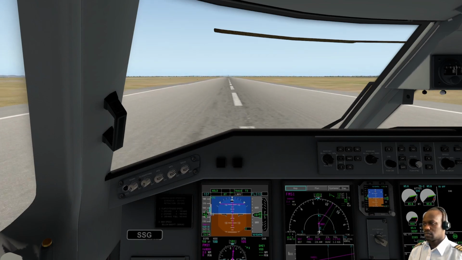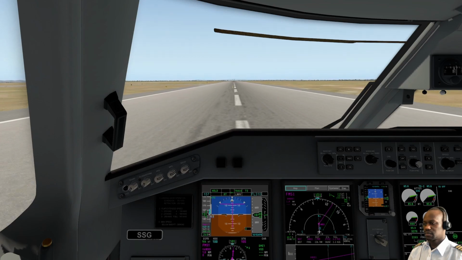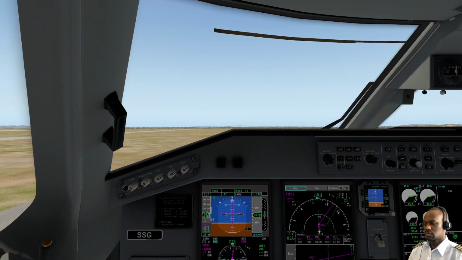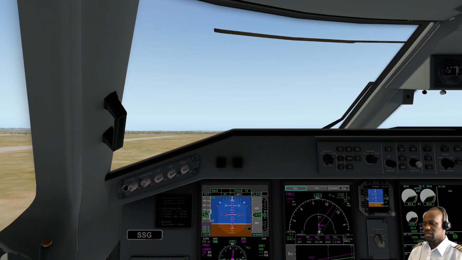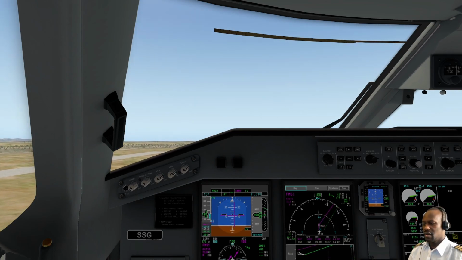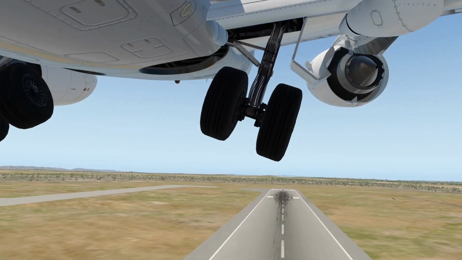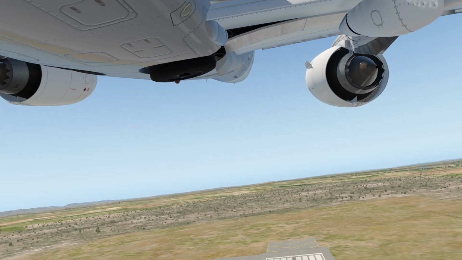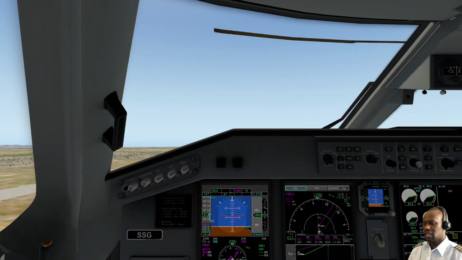V1, VR, V2. Rotate. Positive rate of climb. Gear up. LNAV engaged.